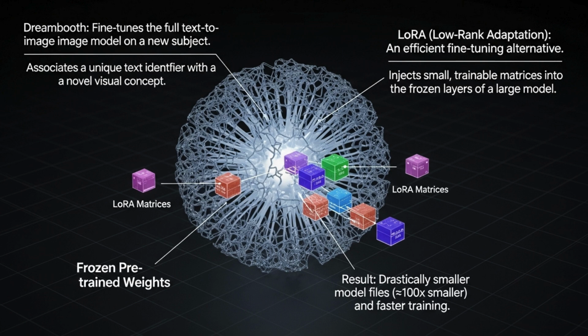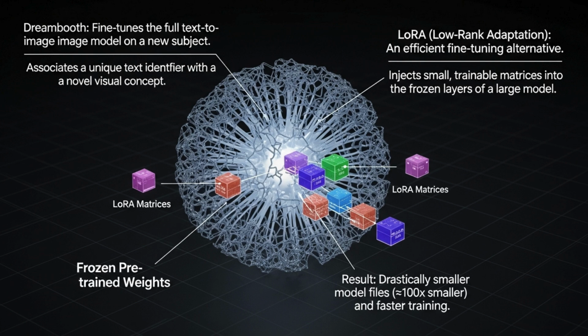This is where LoRA, or low-rank adaptation, provides a brilliant solution. Instead of retraining all the model weights, LoRA freezes the massive pre-trained model and injects very small, trainable pairs of rank decomposition matrices into the transformer layers, specifically the cross-attention layers. All training happens only on these tiny new matrices.